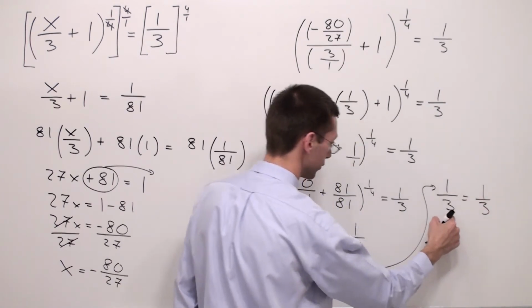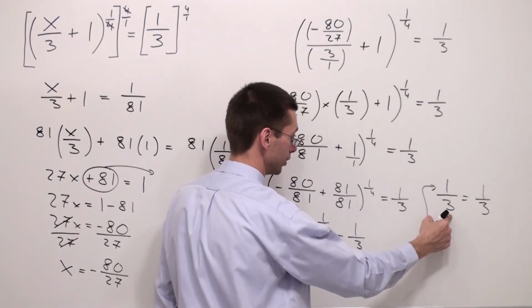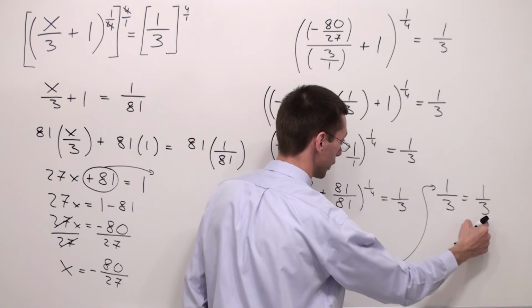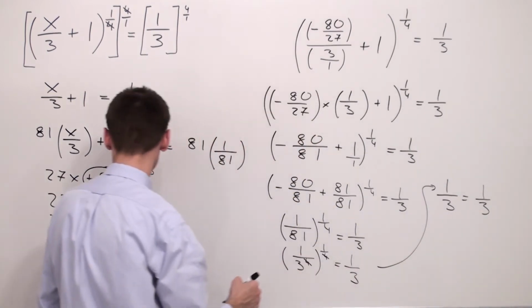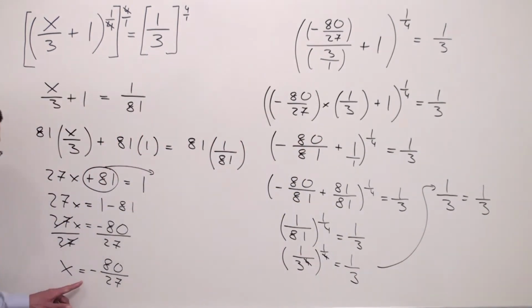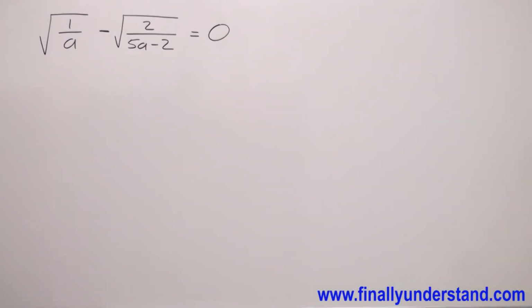As you can see, the left side of the equation is equal to the right side of the equation. That's why x equals negative 80 over 27 is the solution to my problem. Let's take a look at the second example.